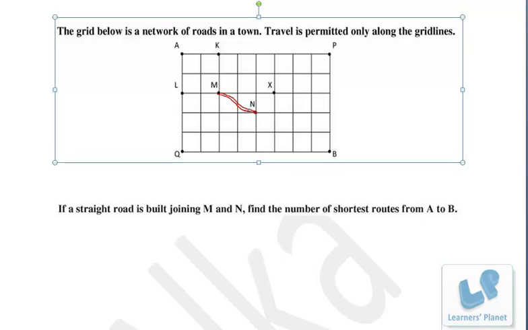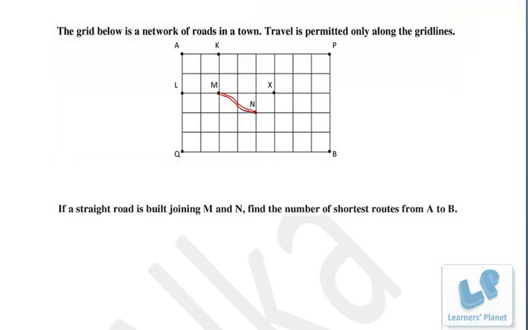So the shortest path will be, first of all, reach M, A to M, so that's 2 horizontal, 2 vertical. So 4C2, then from M to N, one way, then from N to B, 1, 2, 3, 4, 5, 6 steps.